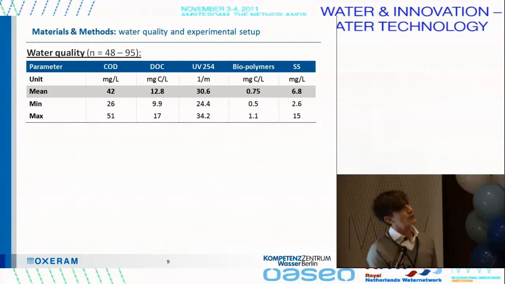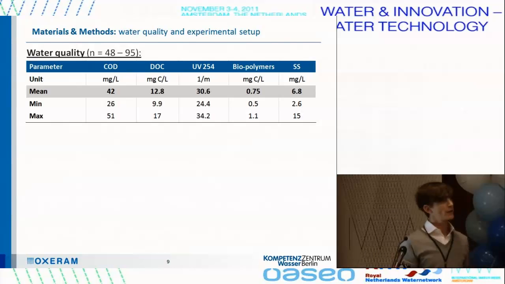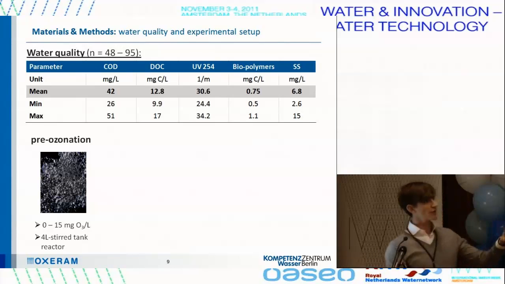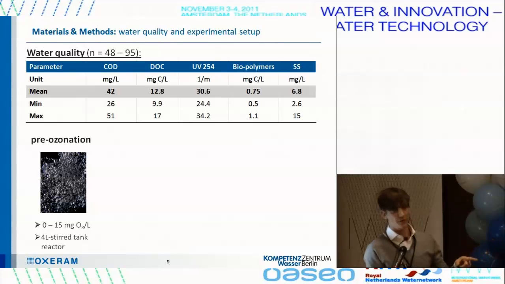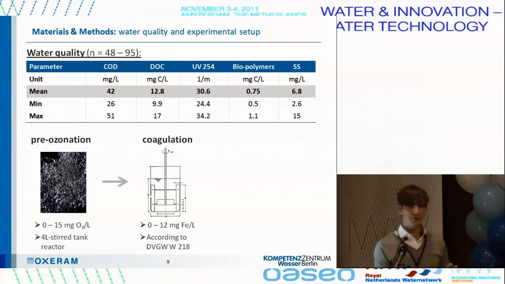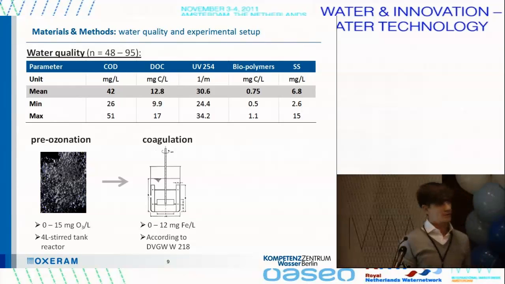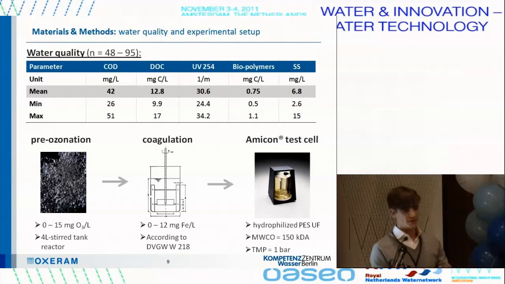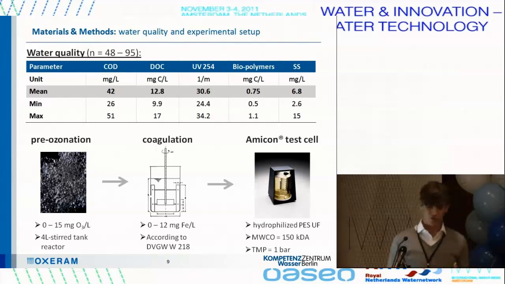That's our water quality. You see, the influent has low suspended solids and relatively low COD. I take this water at first at lab scale and combine a pre-ozonation with 0 to 15 milligram ozone, combined with 0 to 12 milligram ferric per liter, and make first tests at lab scale with this Amicon test cell to look at the filtration performance of the water.